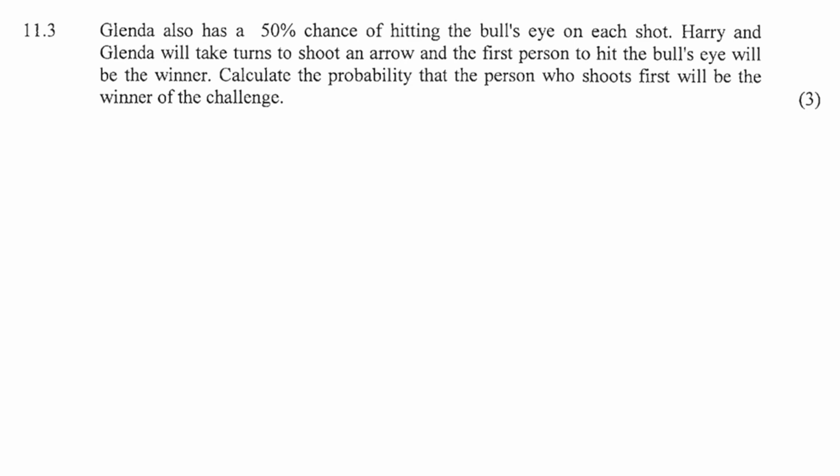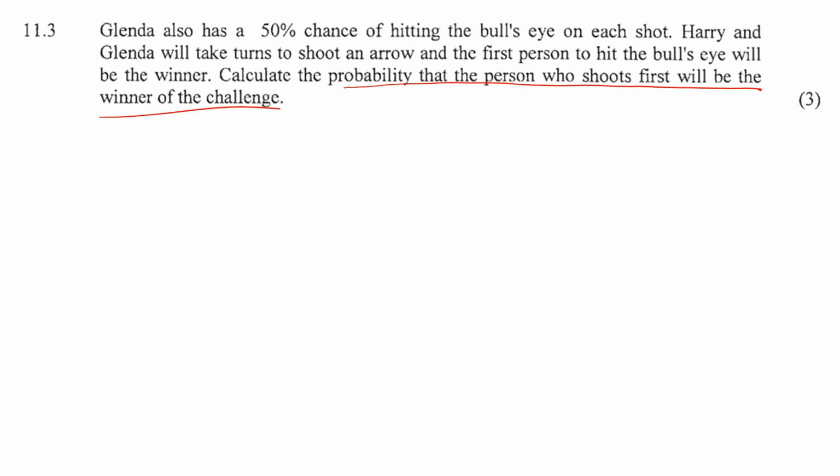The key idea is that the winner is the person who hits the bullseye first. What is the probability that the person who shoots first will be the winner? Calculate the probability that whoever shoots first will be the winner of the challenge.